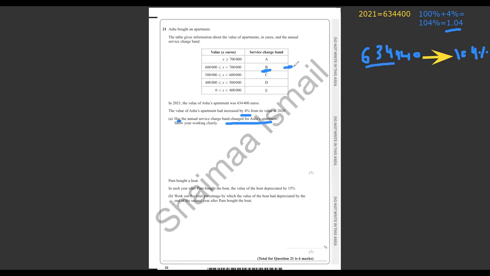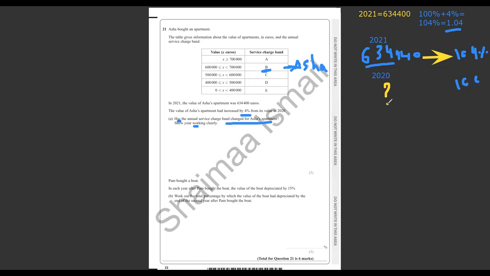So Asha is in this band. Has it changed? We have to get the 100%. We don't know because here it is 2021 and we have to get it in 2020. So we have to work it the easiest way by cross multiplication.